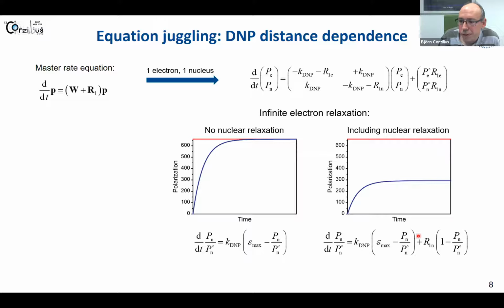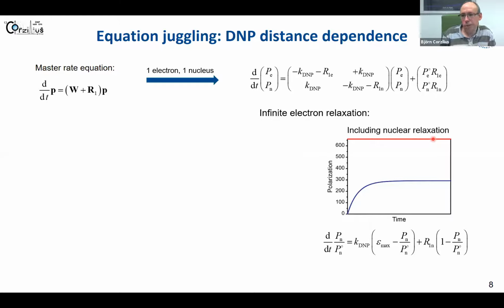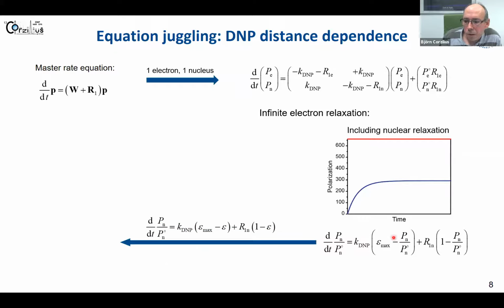So we have this additional relaxation term here, and this causes a reduction of the steady state enhancement with respect to the maximum attainable, so the theoretical enhancement. So this is the situation we have to look at, and then we can substitute these ratios here by the actual instantaneous enhancement factor. Or if we look at the steady state solution where we have no change in our time dependence, so this is the plateau practically, we have the so-called infinite time enhancement.